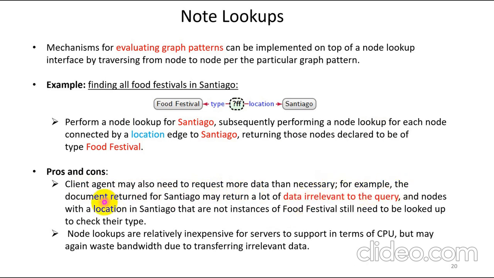For example, the document returned for Santiago may contain a lot of data irrelevant to the query, and nodes with a location in Santiago that are not instances of food festival still need to be looked up to check their type. Node lookups are relatively inexpensive for servers to support in terms of CPU, but may again waste bandwidth due to transferring irrelevant data.